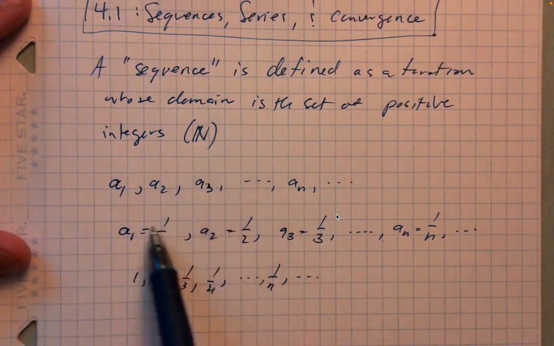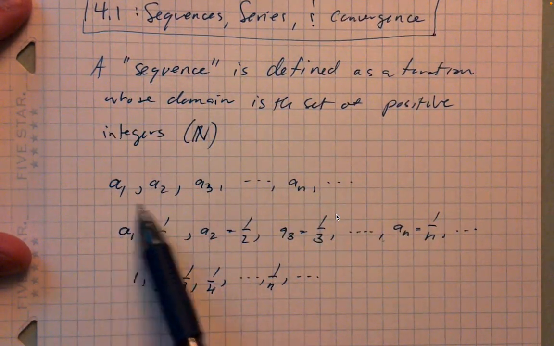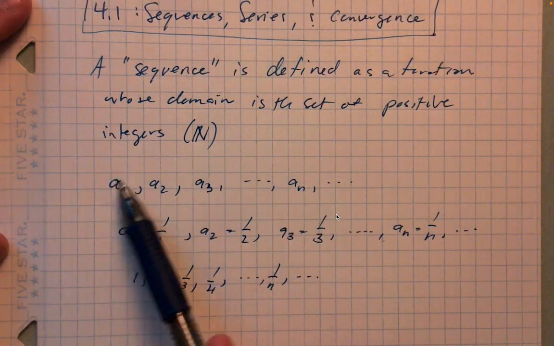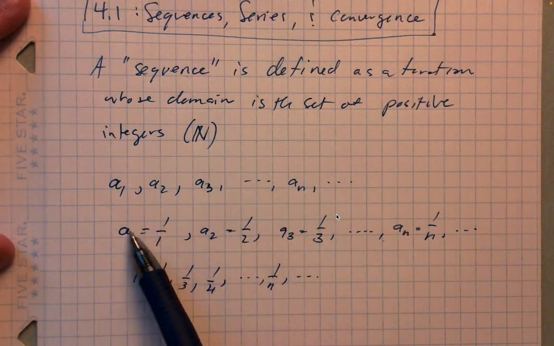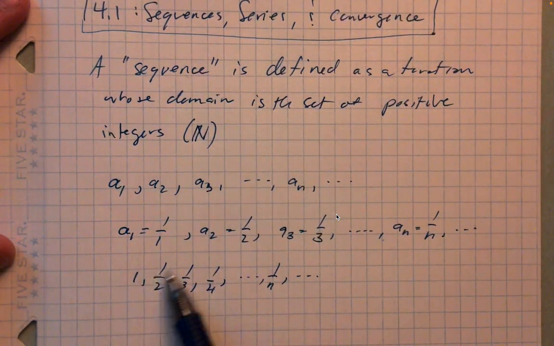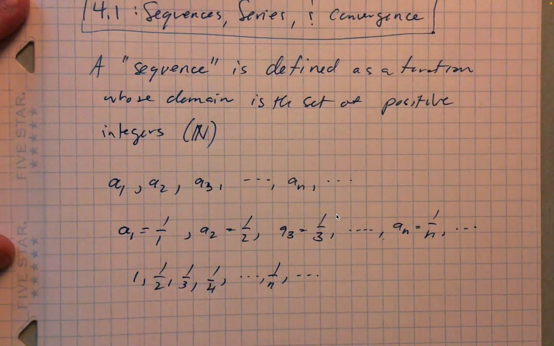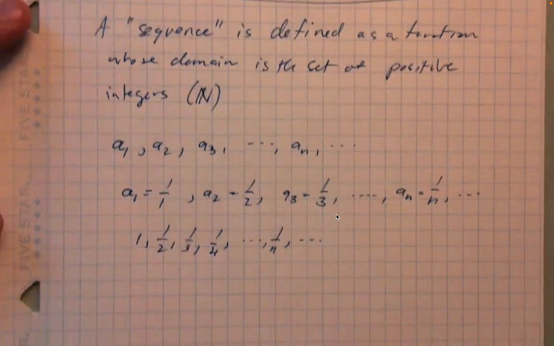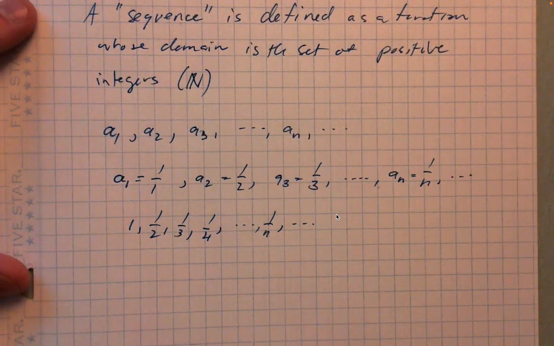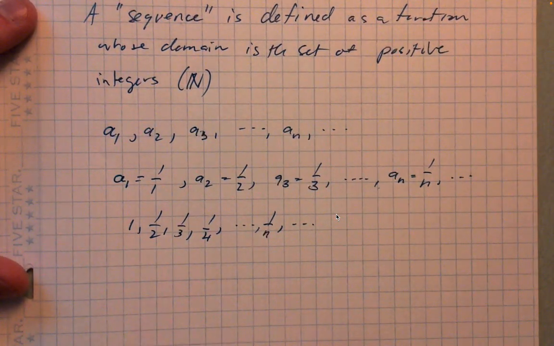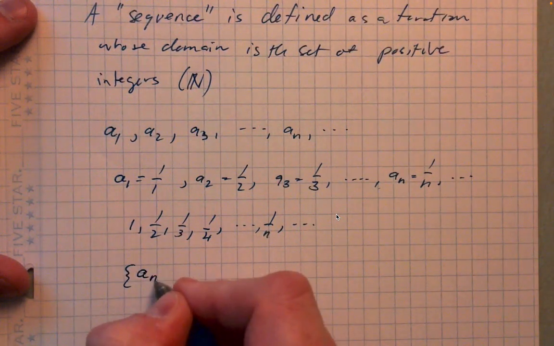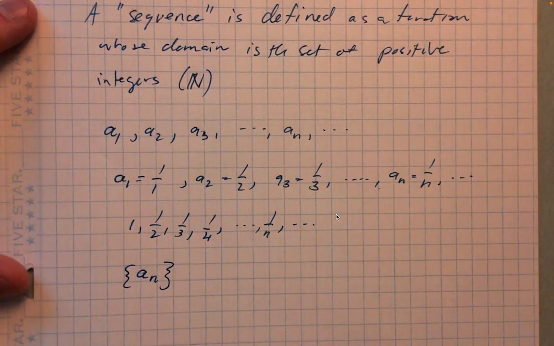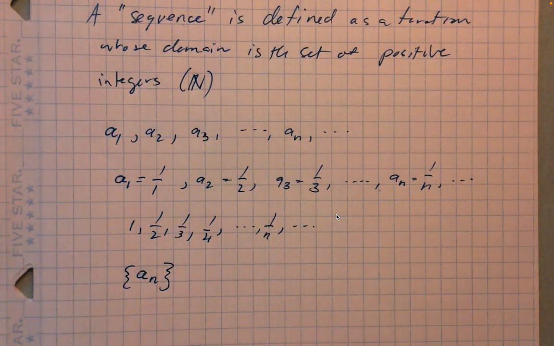So this is the definition of a sequence. This is how we generically represent sequences, just some character a in this case with subscripts. And here's an example: 1, 1/2, 1/3, 1/4, up to 1 over n. Now, if we want to represent the entire sequence in a more compact way, there are different ways to do it. One way is to use brackets with the sequence inside, like {a_n}.